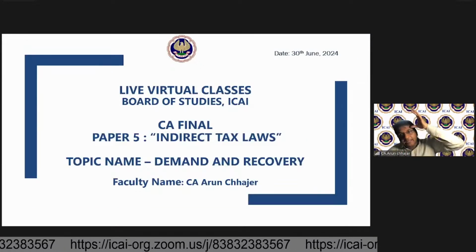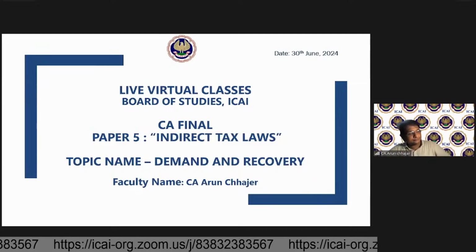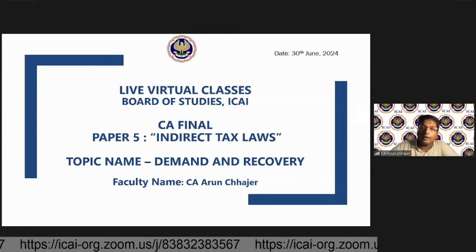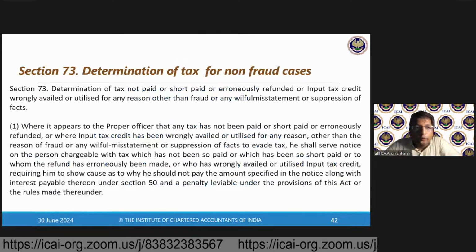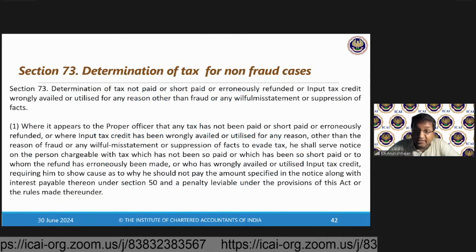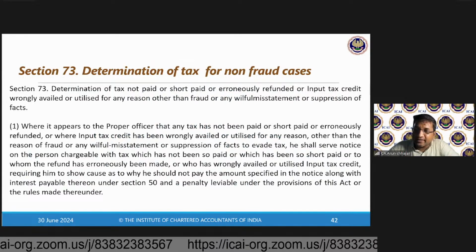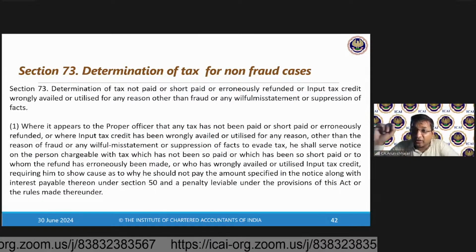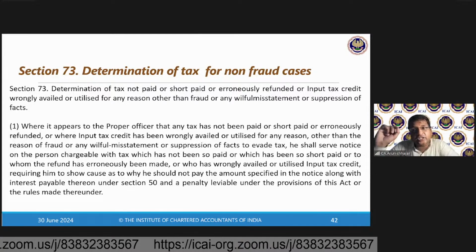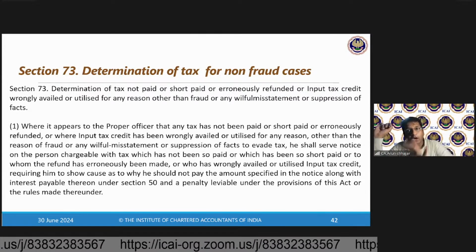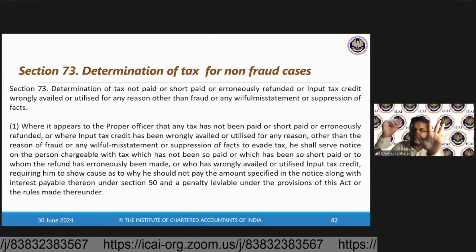Next topic is demand and recovery. So determination, this is very important. Try to understand, 73 and 74 are the two main sections for determining the tax, interest, and penalty. Out of the five circumstances, what are the five circumstances?